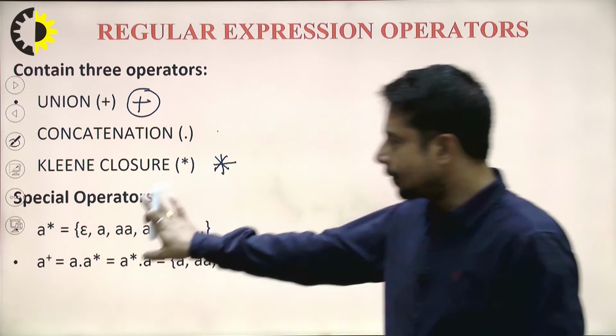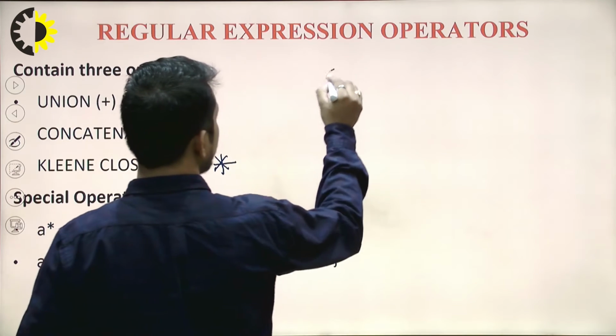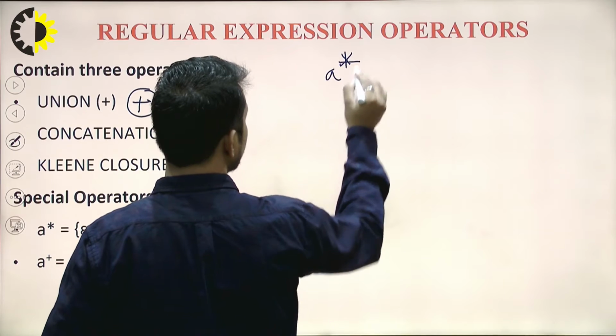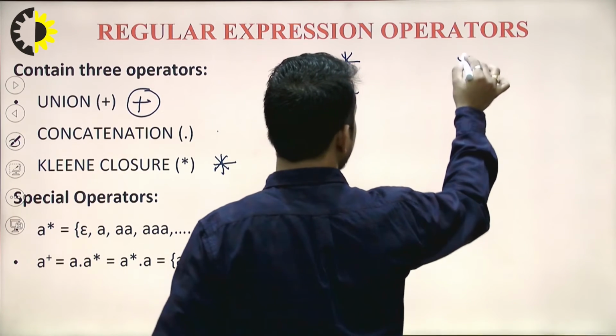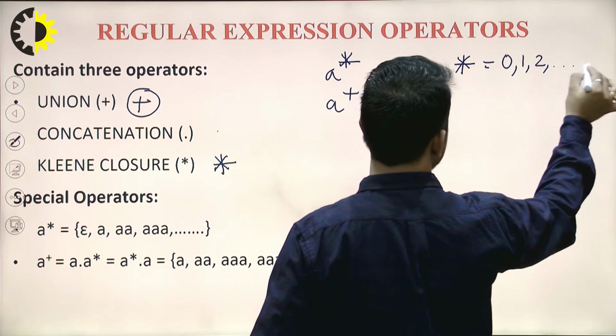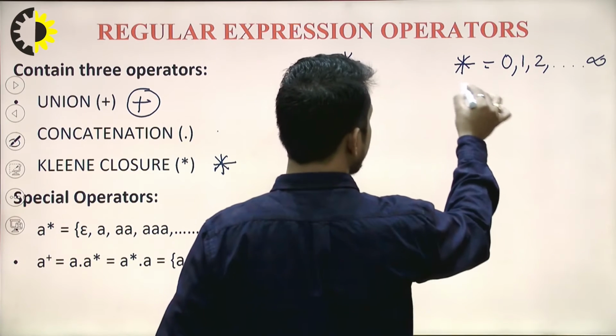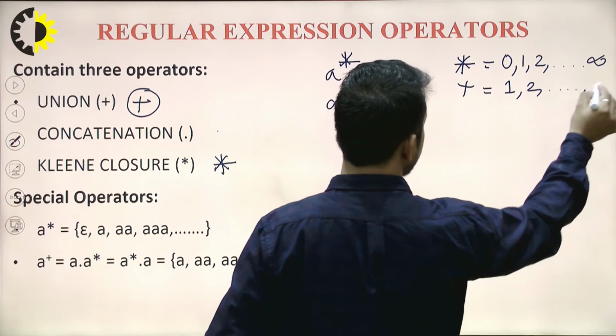Next come some special operators: a to the power star, the Kleene closure, and a to the power plus, the positive closure. Kleene closure starts from the range 0, 1, 2, till infinity, and plus starts from 1, 2, till infinity.